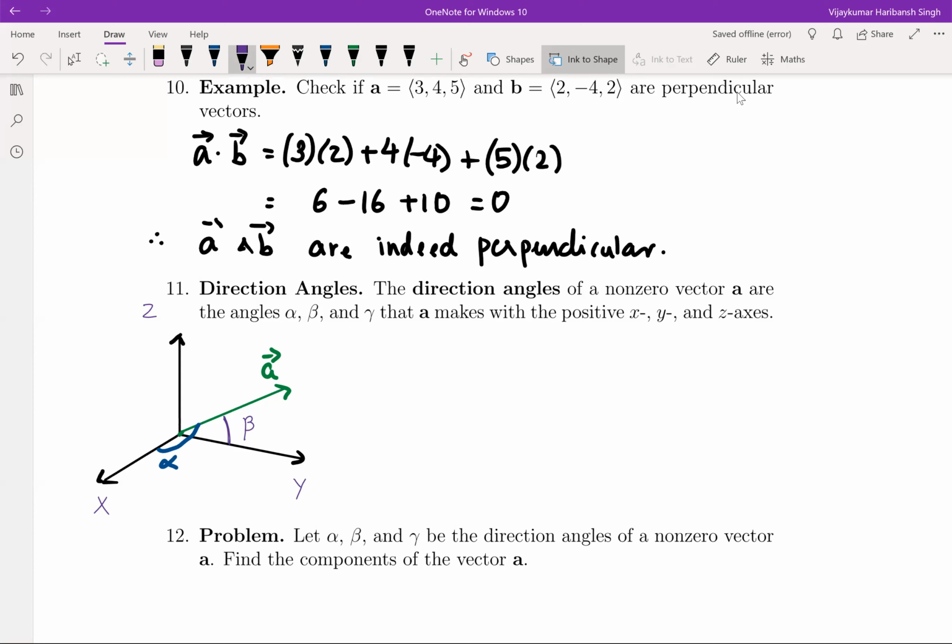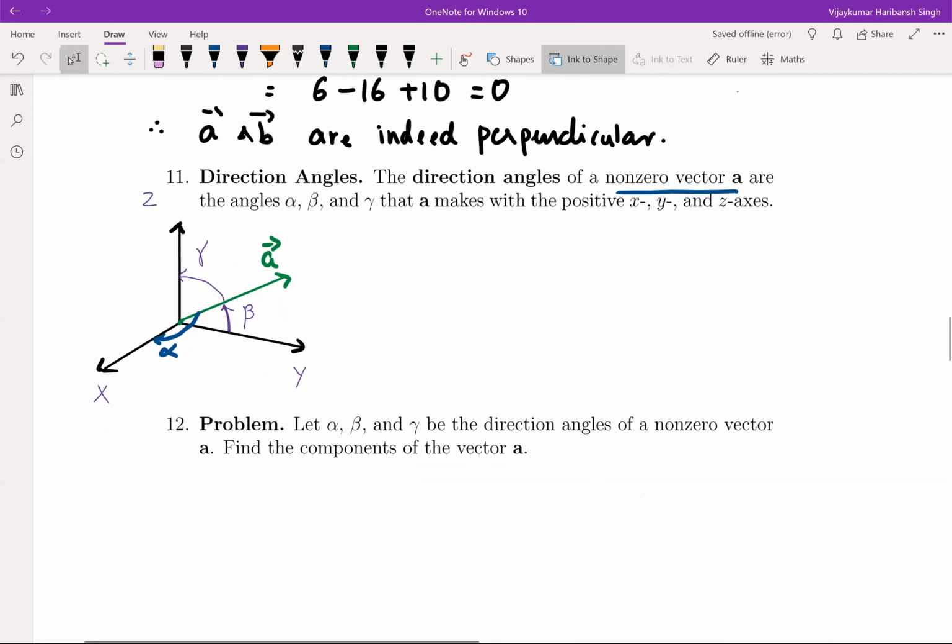And then the angle it makes with the positive direction of the z-axis, let's call that gamma. So this is alpha, beta, and gamma. These angles are called direction angles. So the direction angles of a non-zero vector A are the angles alpha, beta, and gamma that it makes with the positive direction of the x-axis, y-axis, and z-axis.